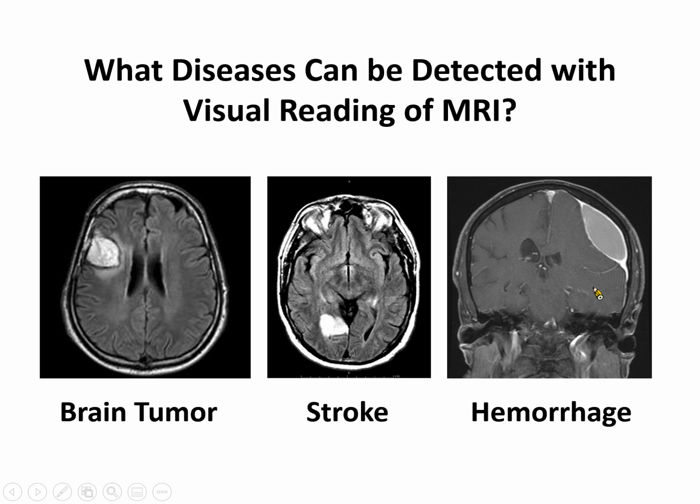And also, for example, you may have a cranial hemorrhage. This is a typical epidural hemorrhage that happened outside the brain, around the dura mater. So using MRI, you can diagnose the brain hemorrhage.